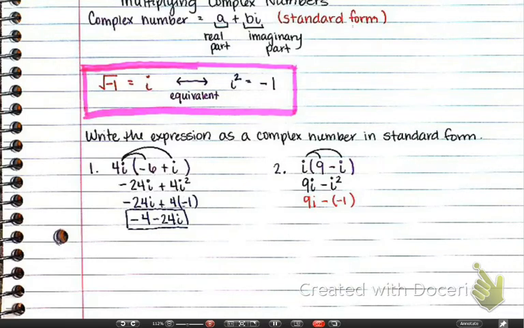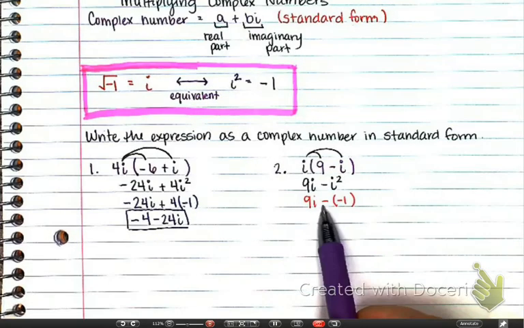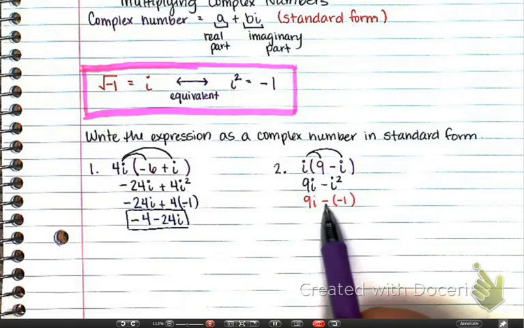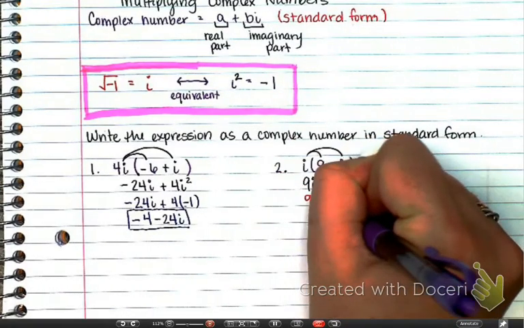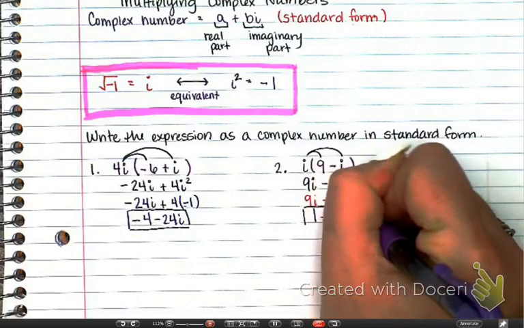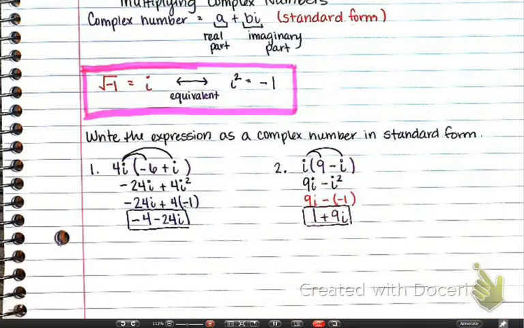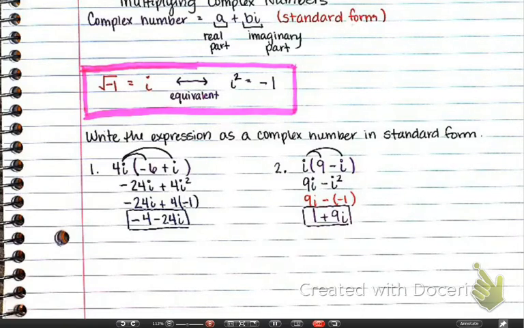Now, you also have to write it in standard form. So, A plus BI. What happens here? Becomes a positive 1 plus that 9I. So, you should have 1 plus 9I as your answer. Are you okay with that? Okay.